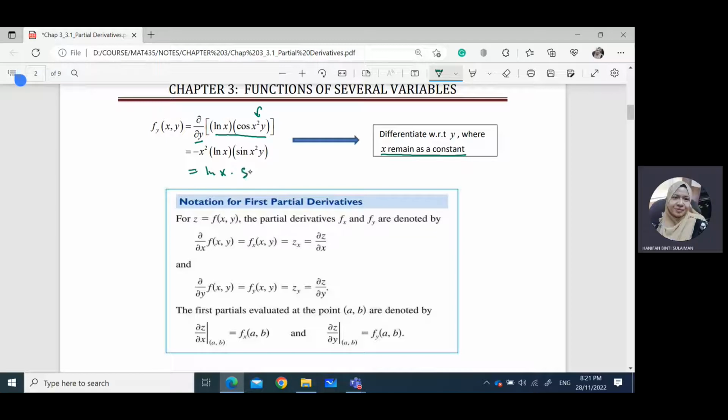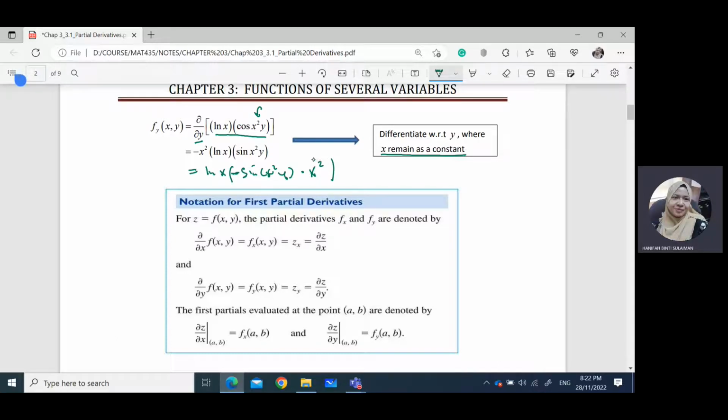We have negative sine of x squared y, multiplied with the derivative with respect to y on x squared y, which is x squared.